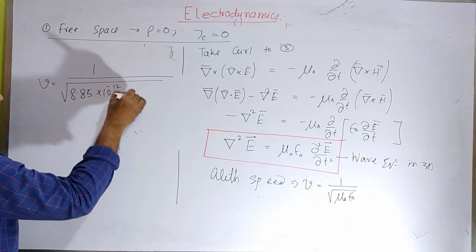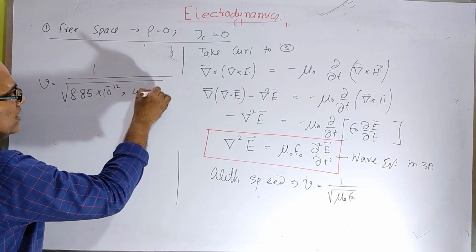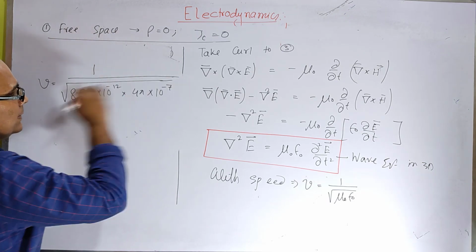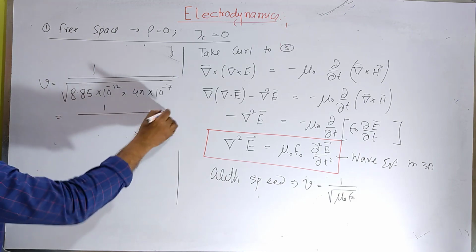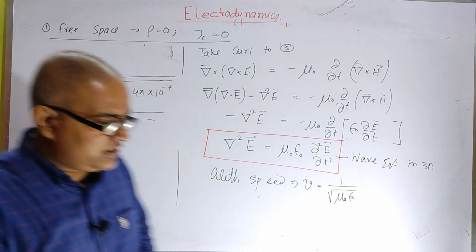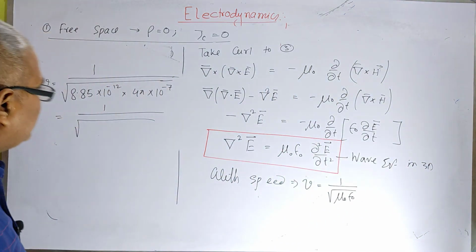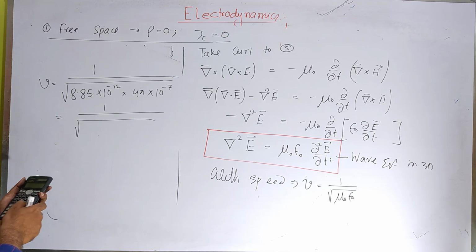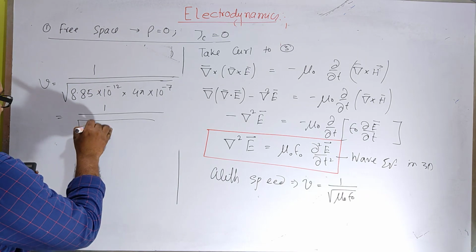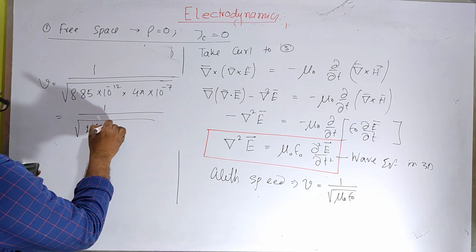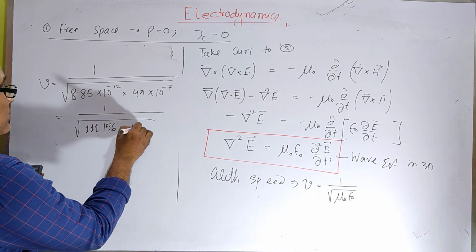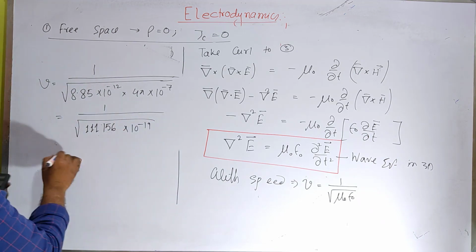8.85 into 10 to the power minus 12, into 4 pi into 10 to the power minus 7. 1 by root over, I have the calculator, you can also use that. So this will be 8.85 into 4 into 3.14, that is 111.156 into 10 to the power minus 19.